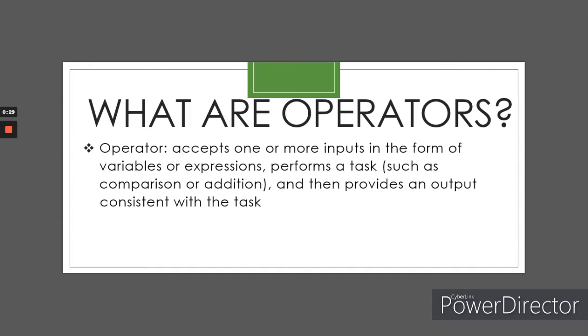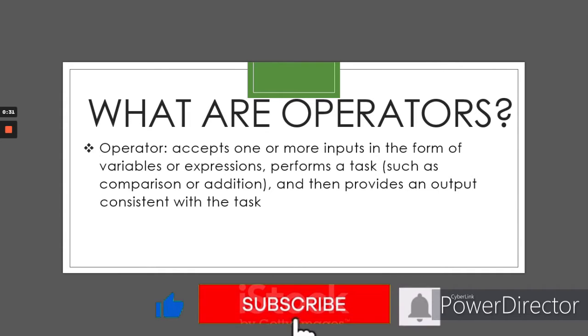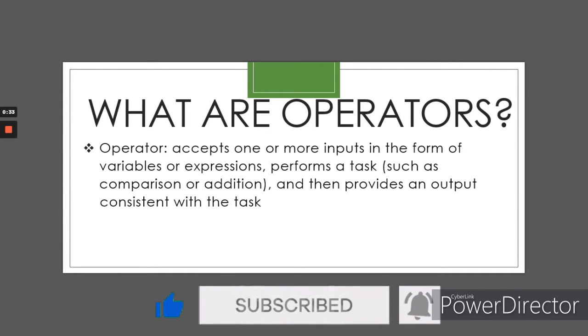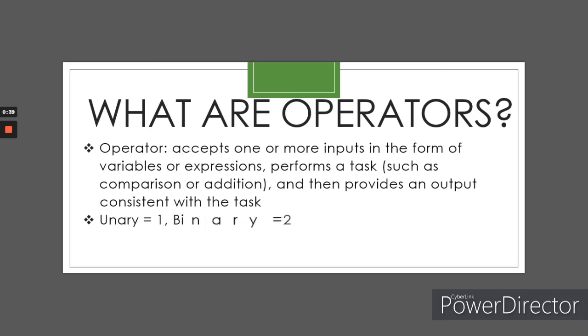For example, a unary operator works with a single variable or expression, and a binary operator requires two, because un means one and bi means two, like bicycle, because a bicycle has two wheels.